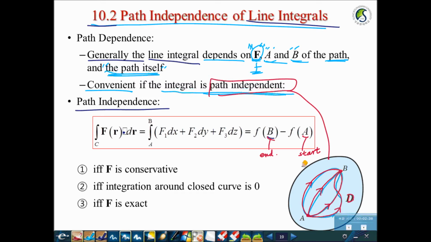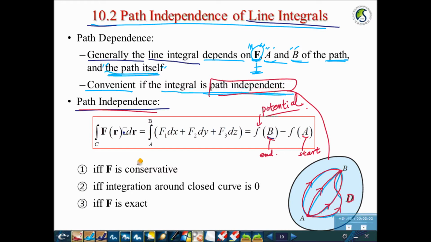You don't have to integrate it over. And that small f is called the potential function. Then the calculation would be very easy, just calculating this.